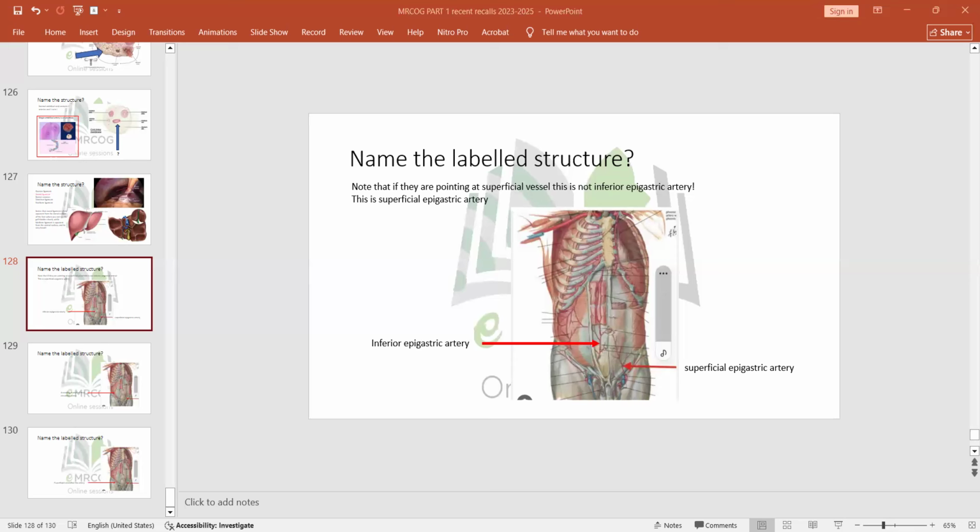Okay, is the inferior epigastric artery located on the anterior surface or posterior surface or lateral sides of rectus abdominis? See, it's tricky.